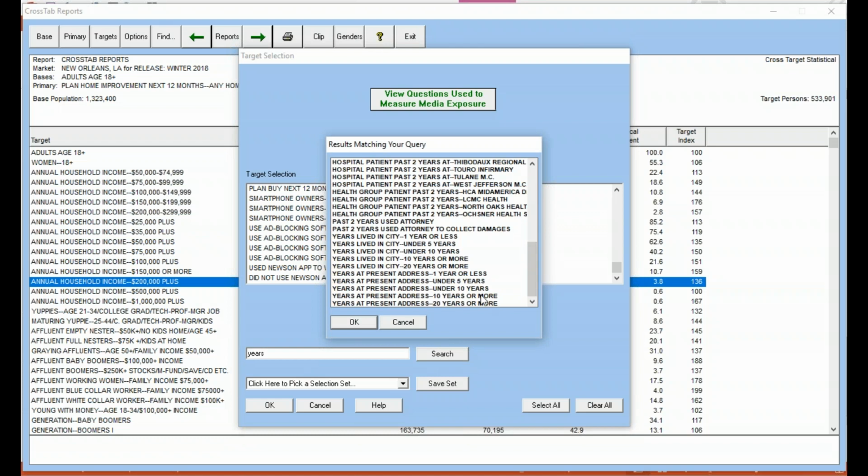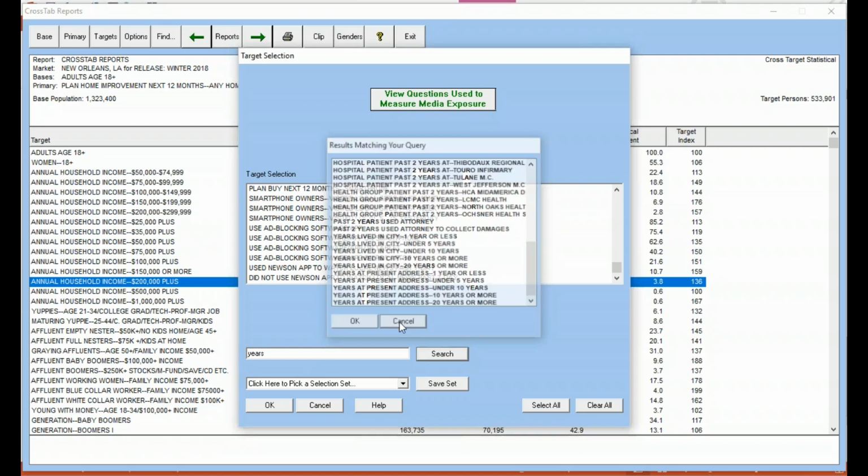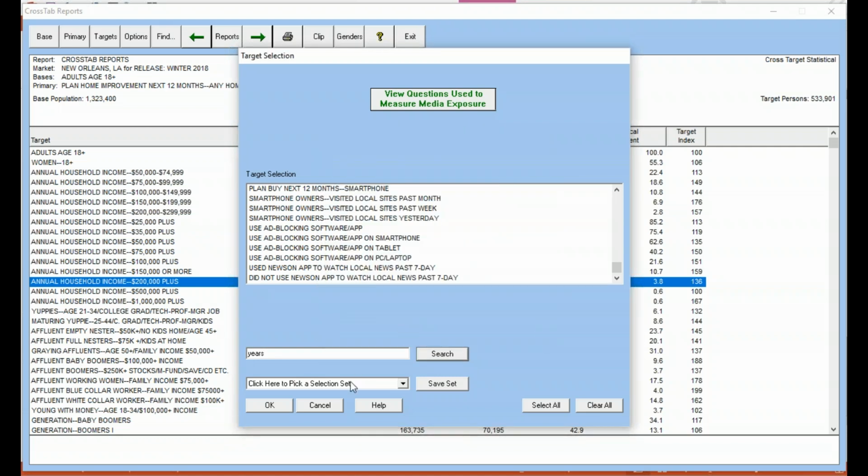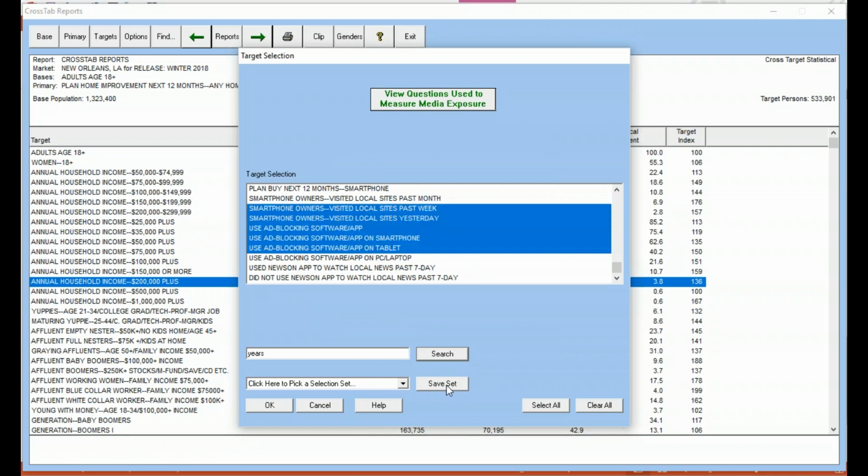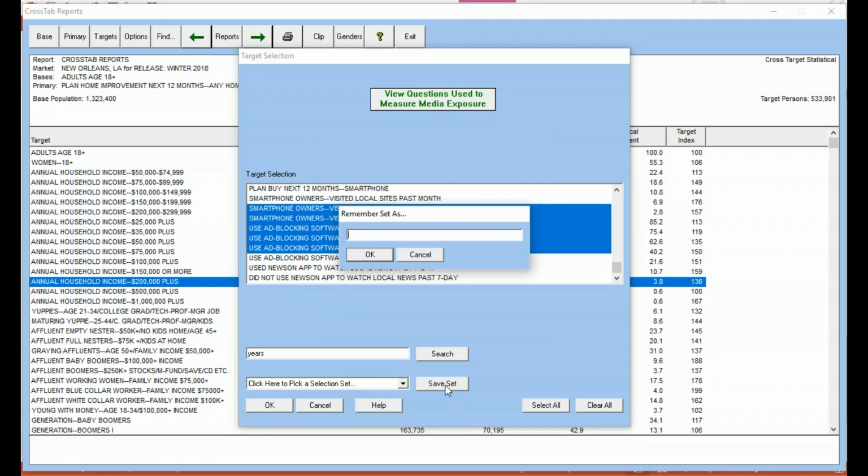Years they've lived in the city, years they've lived at their current address, so I can see if it's an older home. Once I've collected all those items, I can actually save things. So let's say I am doing this. I can then save a set simply like that and never have to redo that set again, especially if you're thinking about this, and then you want to come back to your colleagues in the office and say, here's some thoughts I had.